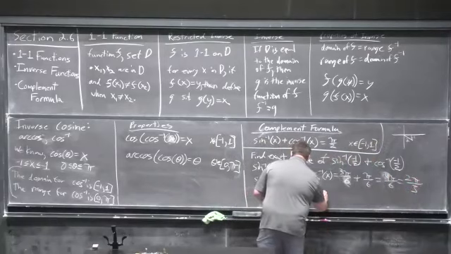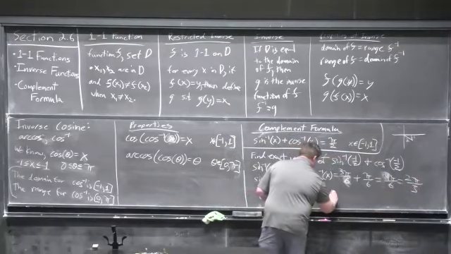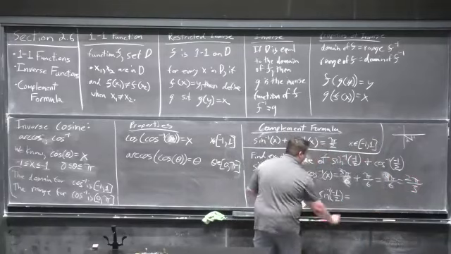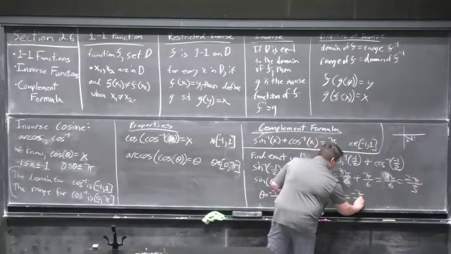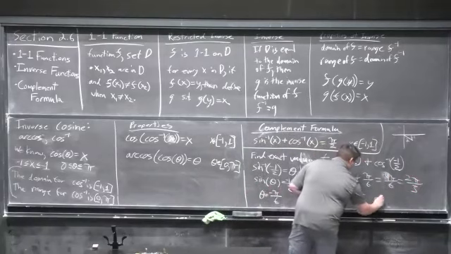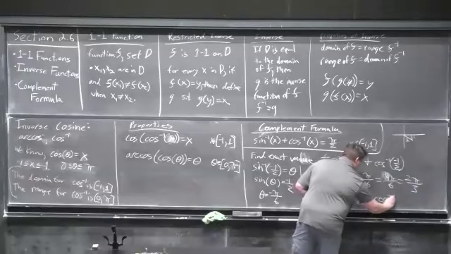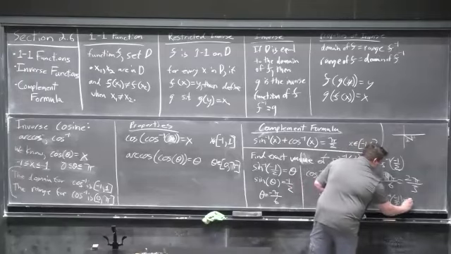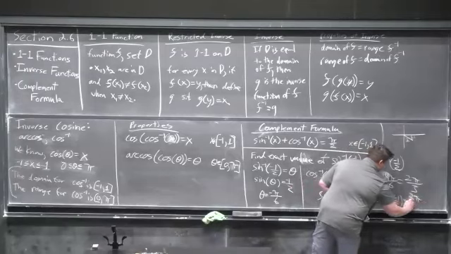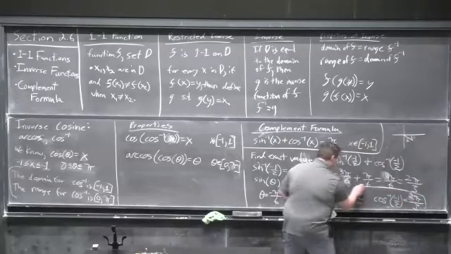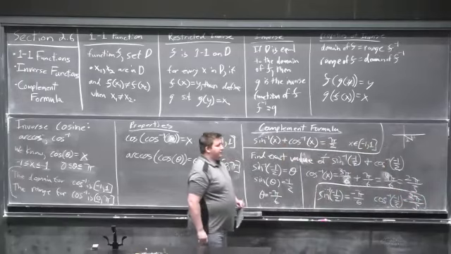So I can rewrite this as sine inverse of -1/2 is equal to -pi over 6, and cosine inverse of -1/2 is equal to 2 pi over 3. And that is my answer.